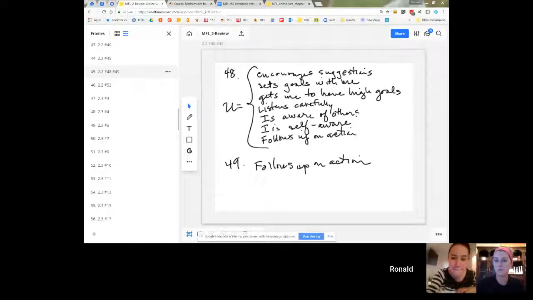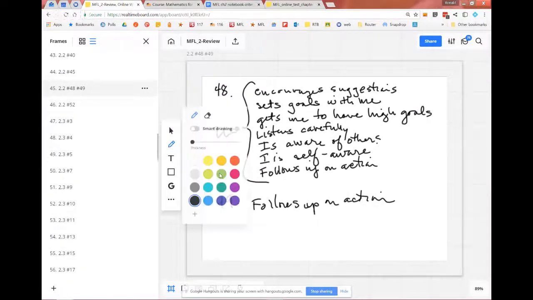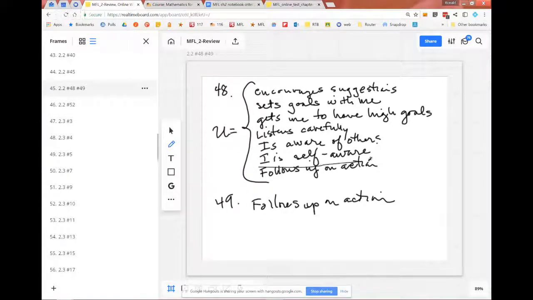Okay. So when I read the first list, I was down to this point right here. And then the only thing that was missing was this bottom one, so I added that onto the list.